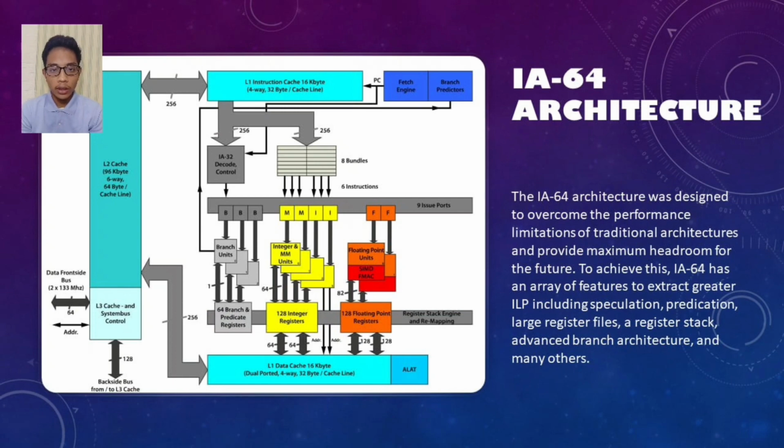The IA64 architecture was designed to overcome the performance limitations of traditional architectures and provide maximum headroom for the future. To achieve this, IA64 has an array of features to extract data ILP, including speculation, prediction, large register file and register stack, advanced branch architecture, and many others.